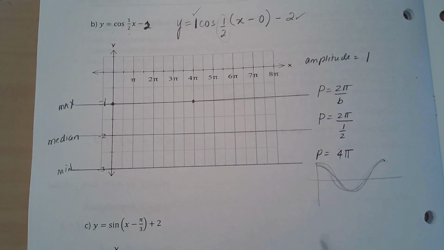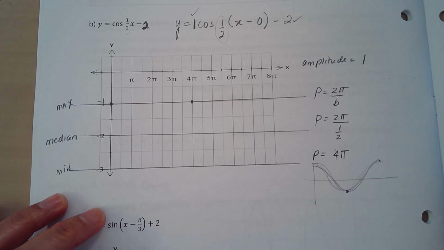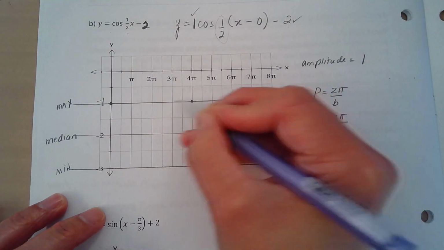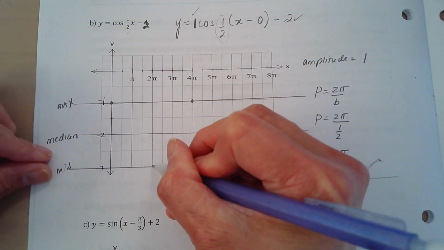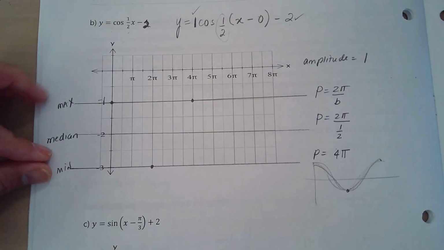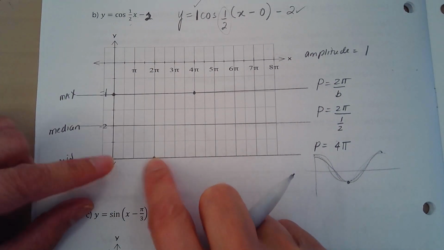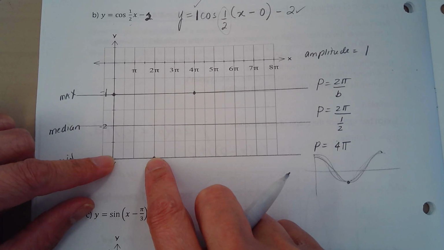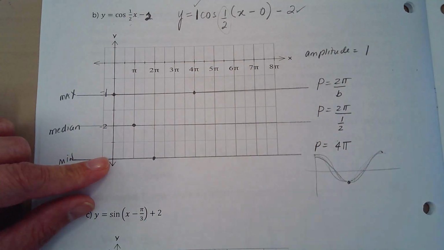Where would the middle be? The middle is a minimum. So the middle of that would be the minimum, at 2 pi. And then half of the half is going to be at the median line.